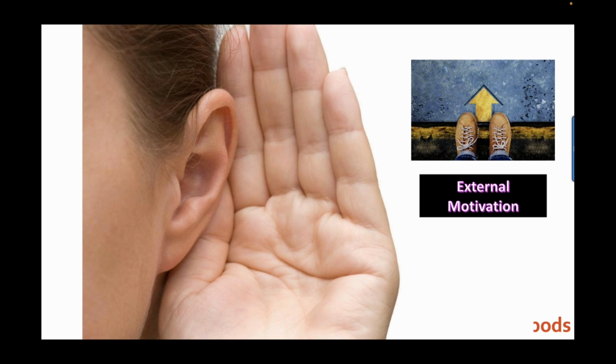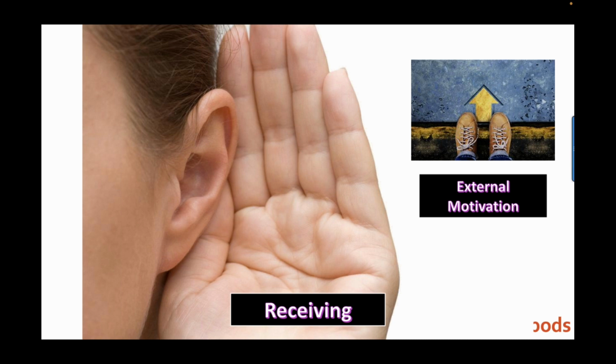Sometimes I put those slides in between asking, do you have any questions? I'm encouraging you to write your questions. So this is taken as external motivation, and you are in receiving mode right now.